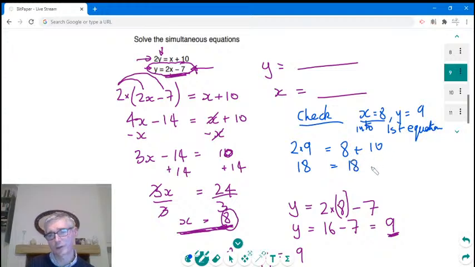So that shows we've got it correct, which is great. So we know we've got it right. And if you're in an exam and you've got enough time, it is handy to check your answers like that. Obviously, if you're under pressure and you're running out of time, then you may not have time to do this. So it just depends how quickly you get through a paper.